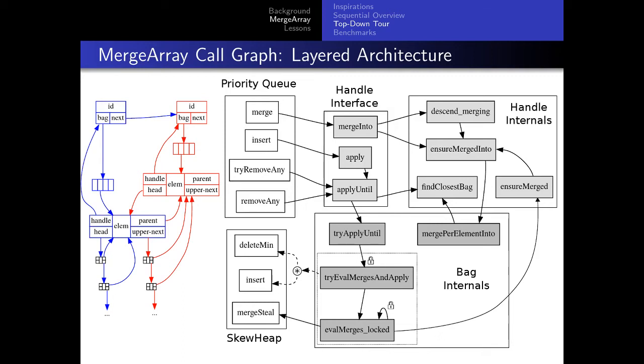If the merge hasn't actually happened yet at a high level, then you shouldn't be able to see it if you try to do a remove. So what you have to do in the bag is you call back up to ensure that it's merged before you try to steal the items. And that basically just calls into the whole helping merge mechanism.